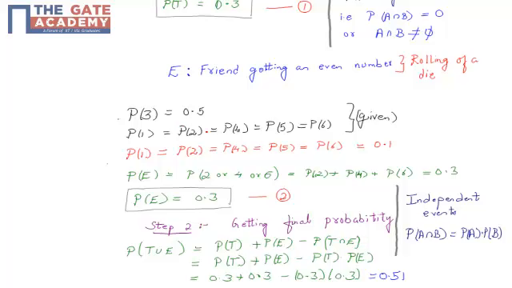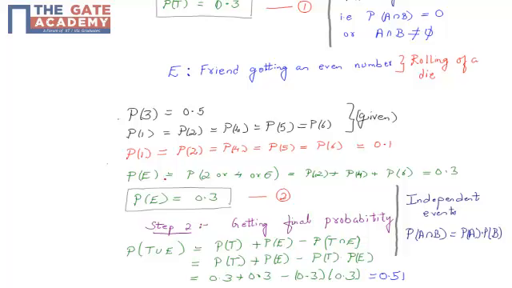Hence the summation of all these probabilities would give me 1, and the intersection between any 2 of these is 0, since they are mutually exclusive as well. So my probability of 1 would be equal to probability of 2, equal to probability of 4, equal to probability of 5, equal to probability of 6, which is indeed equal to 0.1.